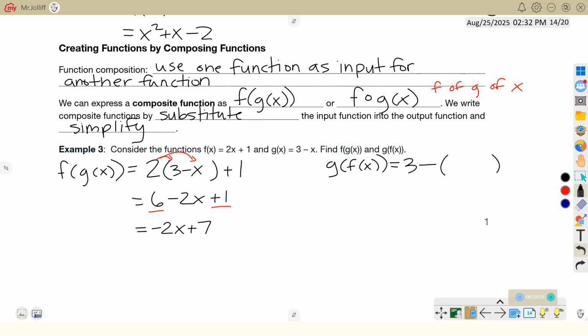F is 2x plus 1. And then we simplify. Same process. Distribute the negative 1 through the parentheses. 3 minus 2x minus 1. And the same thing Jordan said, combine those like terms. 3 minus 1 is 2.